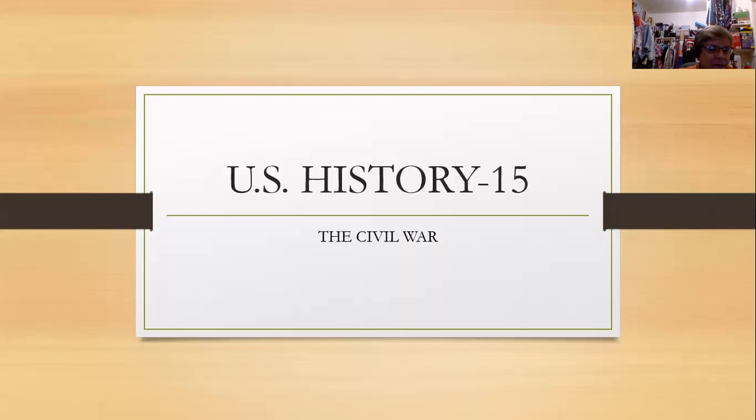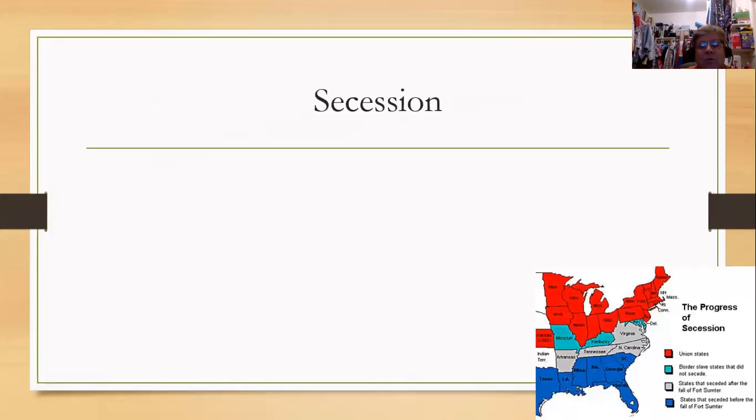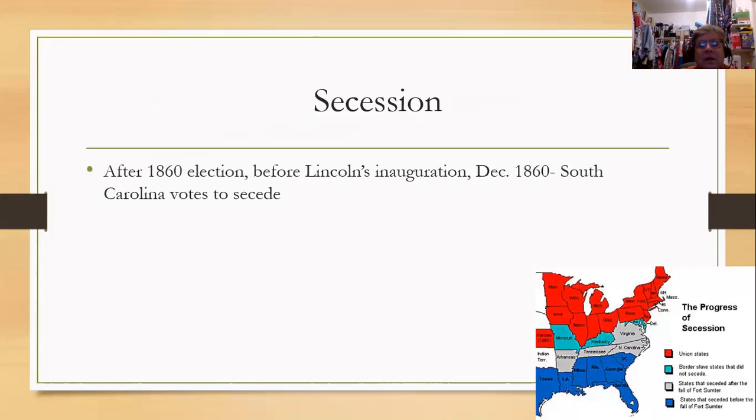We talked about the 1850s and the 1860 election when Lincoln was elected. Even before he was inaugurated, because he was opposed to the expansion of slavery and had spoken against existing slavery, and because the Republican Party was opposed, at least in some measure, to slavery, states in the South decided they would no longer stay in the Union.